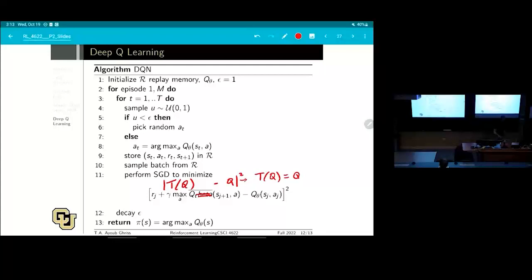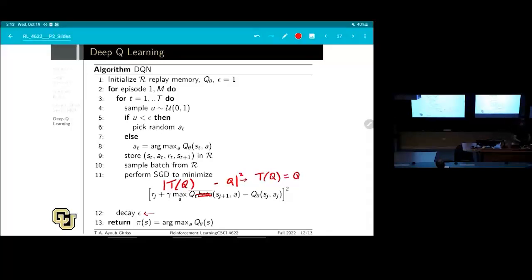Okay? And at the end of each episode, I'm going to decay epsilon. Usually you decay it either linearly or exponentially. Usually it's linear.